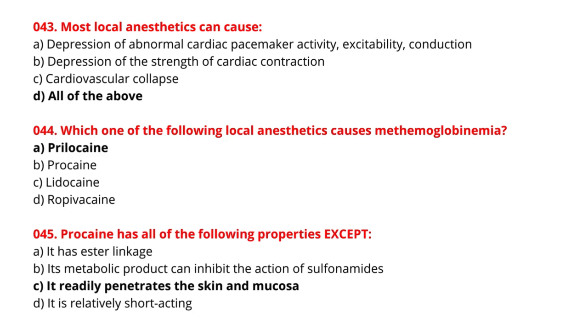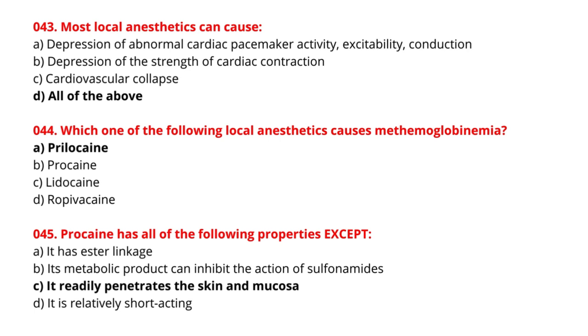B. Depression of the strength of cardiac contraction. C. Cardiovascular collapse. D. All of the above. Answer is D. 044. Which one of the following local anesthetics causes methemoglobinemia? A. Prilocaine. B. Procaine. C. Lidocaine. D. Ropivacaine. Answer is A.